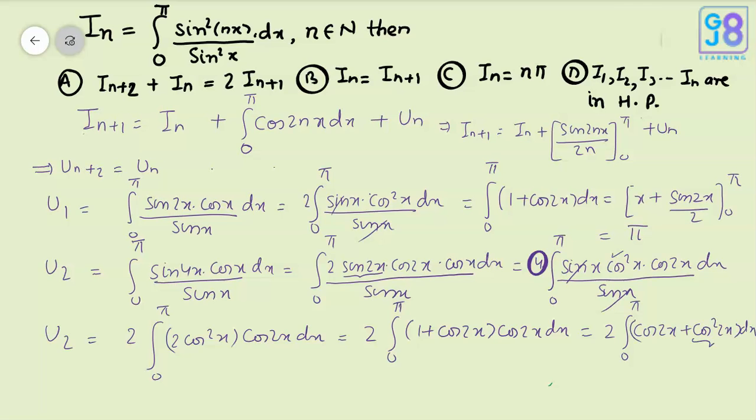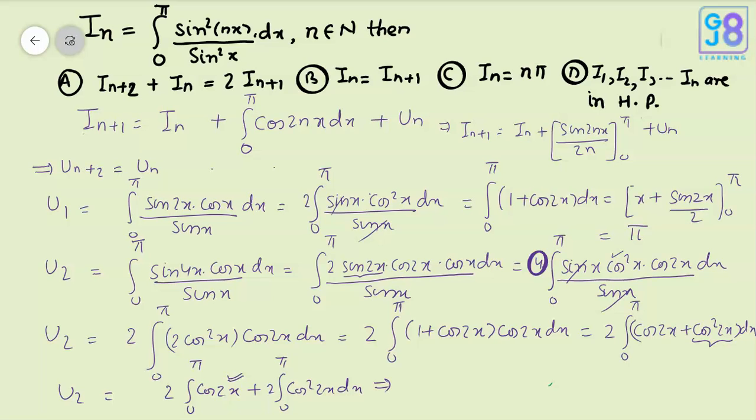Then again, we can focus on cos square 2x and borrow that 2 which is lying outside. So eventually this will become u2 is equal to 2 times integral 0 to pi of cos 2x plus 2 times cos square 2x dx, which can be written down as 1 plus cos 4x.